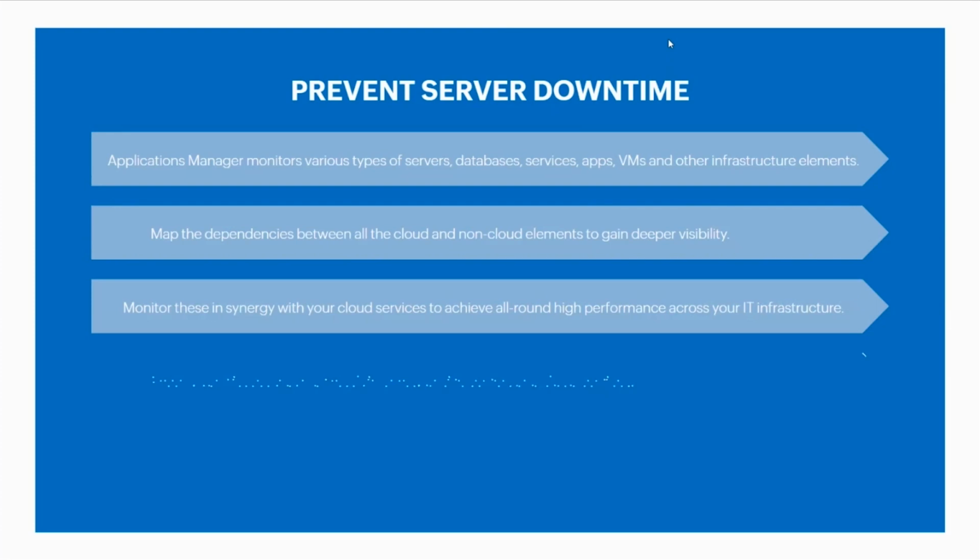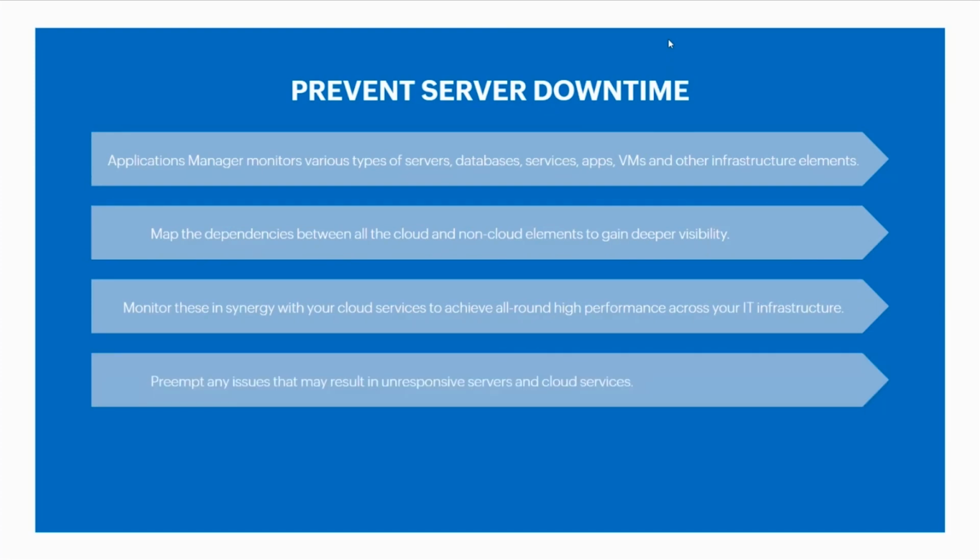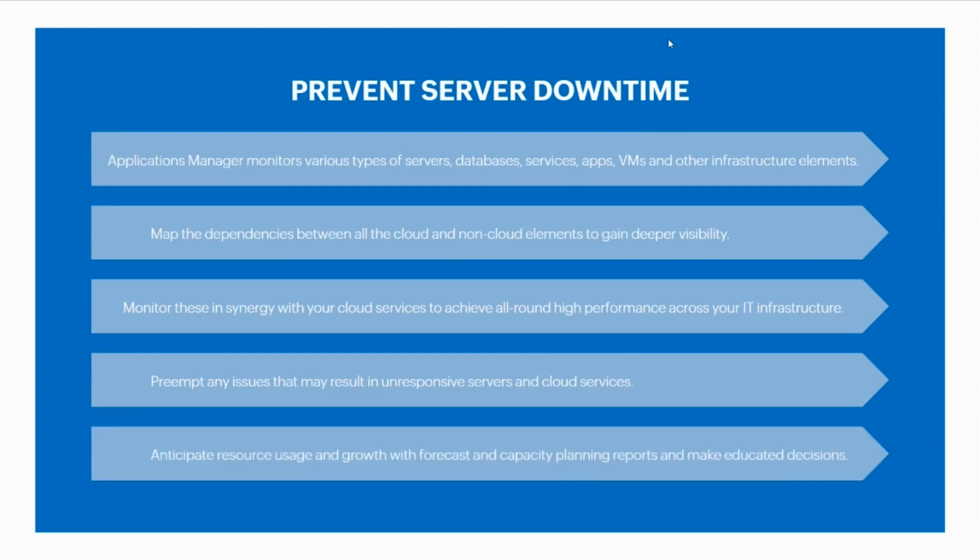When you monitor these in synergy with your cloud services, you will be able to achieve all-around high performance across your IT infrastructure. This can preempt any issues that may result in unresponsive services. By also using advanced analytics, you can predict resource usage and growth with our forecast and capacity planning reports and make educated decisions.